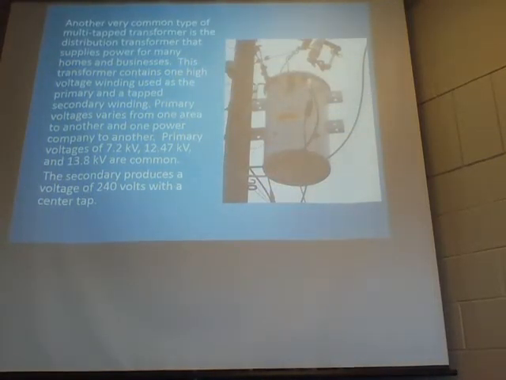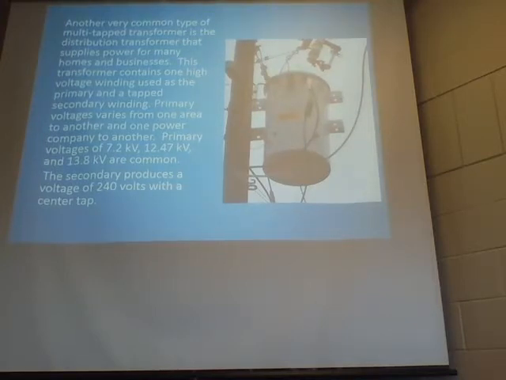Another very common type of multi-tap transformer is a distribution transformer that supplies power for many homes and businesses. This transformer contains one high voltage winding used as a primary and a tapped secondary winding. Primary voltages vary from one area to another and one power plant to another. Primary voltages of 7.2 kV, 12.47 kV, and 13.8 kV are common.